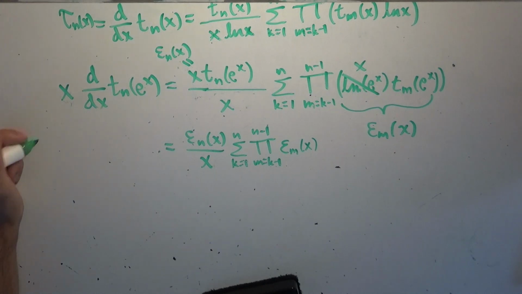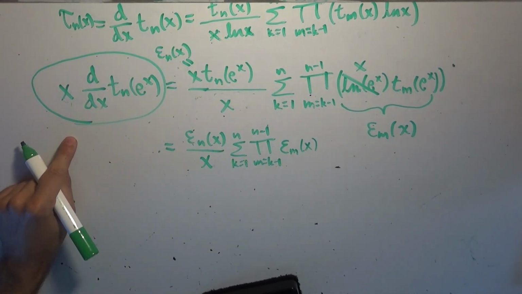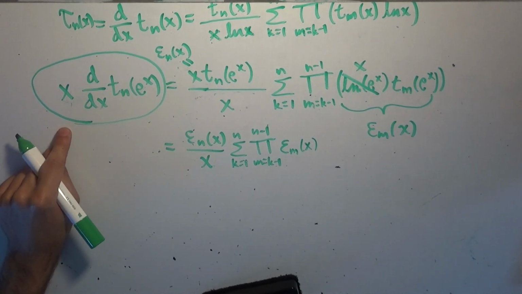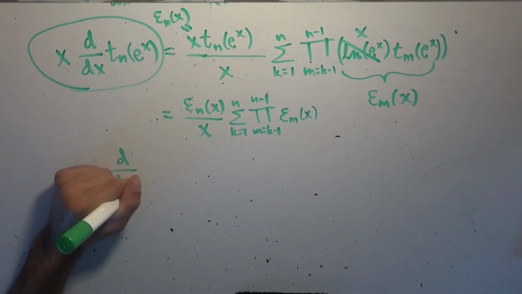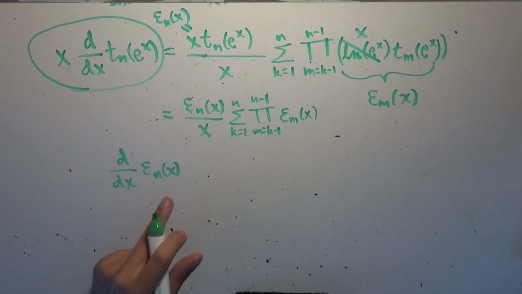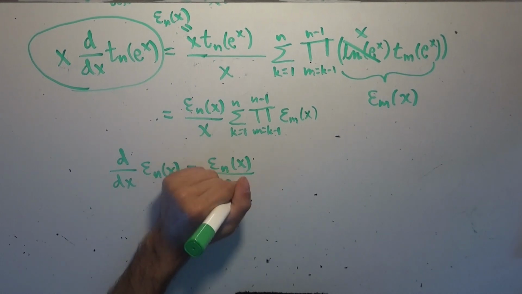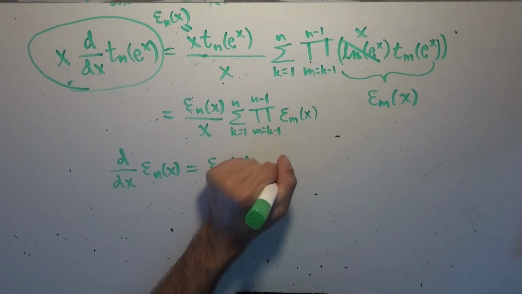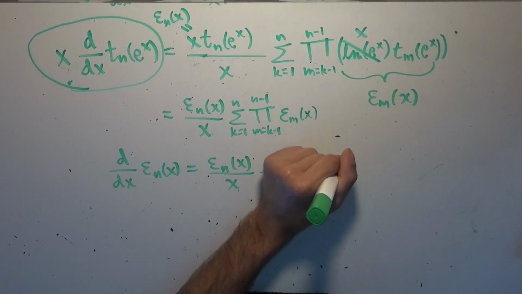But remember, what was this? Doesn't that look familiar? Because I asked about this earlier on in this video. I said, we're going to want to know how to express this particular term. Because remember, if we looked at the derivative of the nth epsilon function and wrote it as x times the nth tetration of e to the x, we showed that this was equal to the nth epsilon function divided by x plus this precise term, x times the derivative of the nth tetration of e to the x.